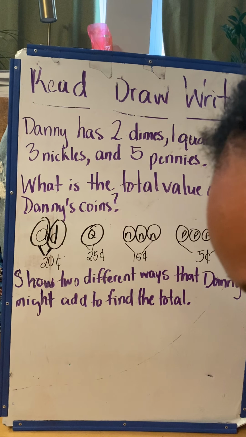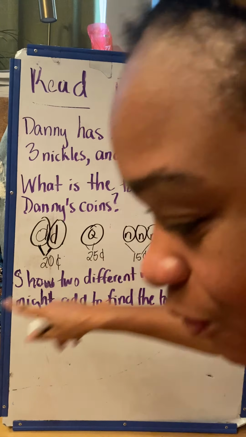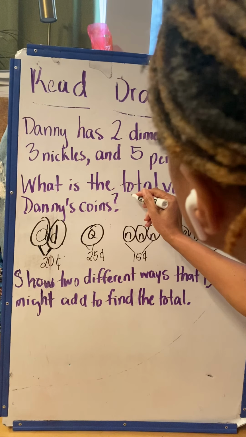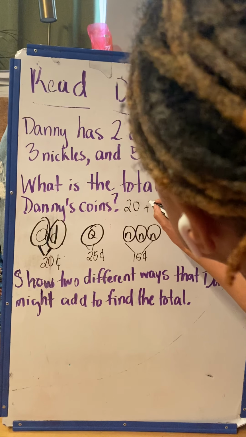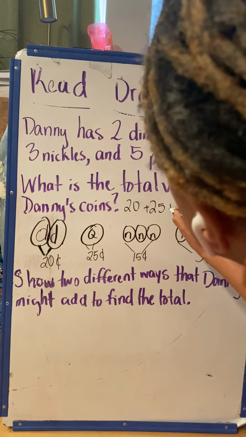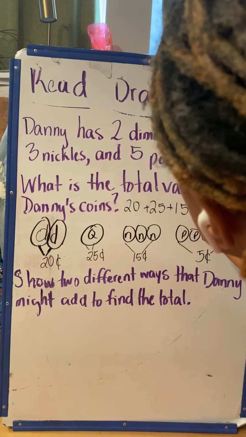Now, I can make this easy by making a number sentence with all of the coins' values. So I would say 20 plus 25 plus 15 plus 5. Okay?